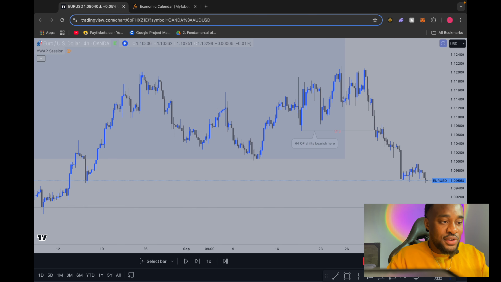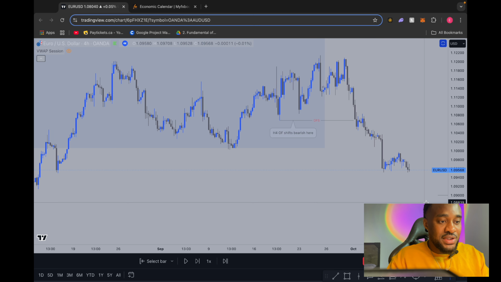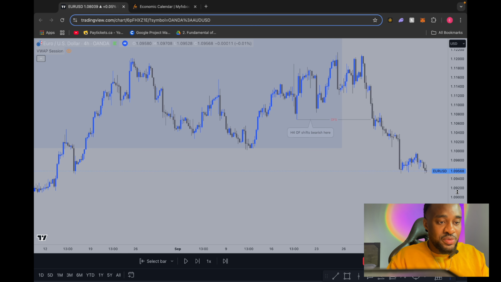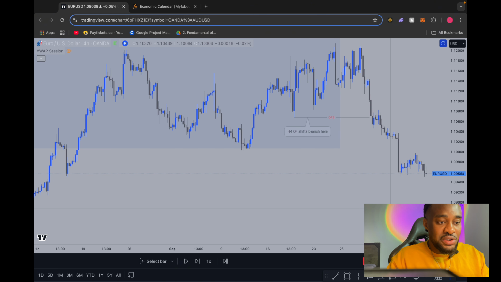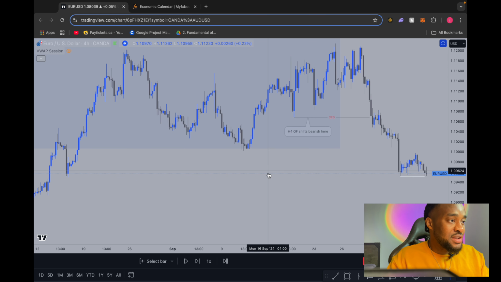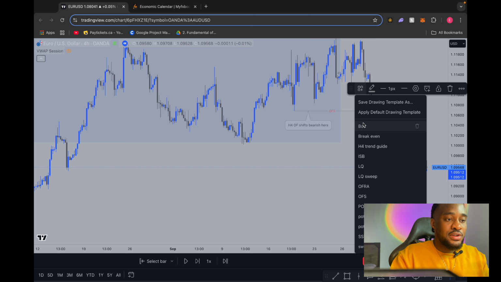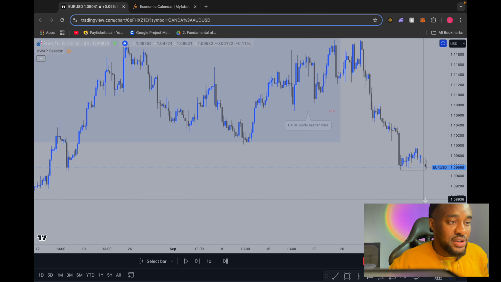I'm looking for a substructural break, which means after the shift I need to see another structural break that shows the continuation of that H4 bearish move. And I saw one here, because I took this trade in the past, so I know there's one there. So I'm just going to make this a break of structure.